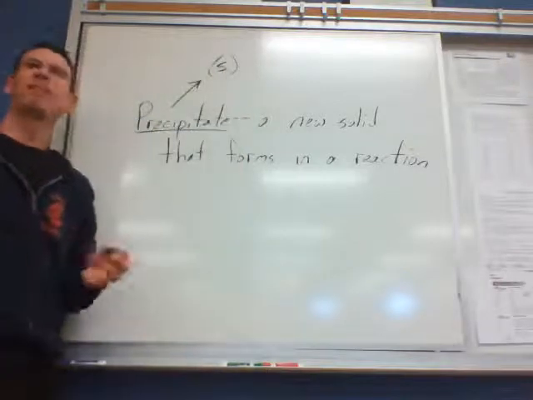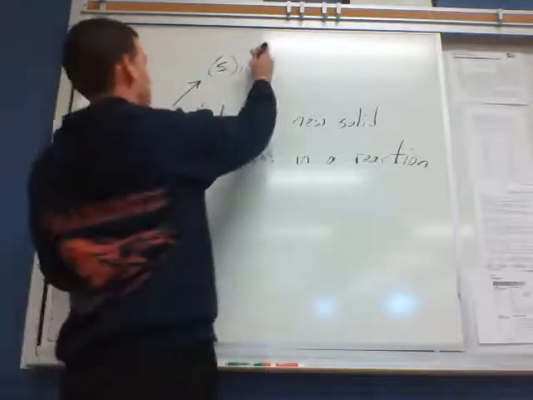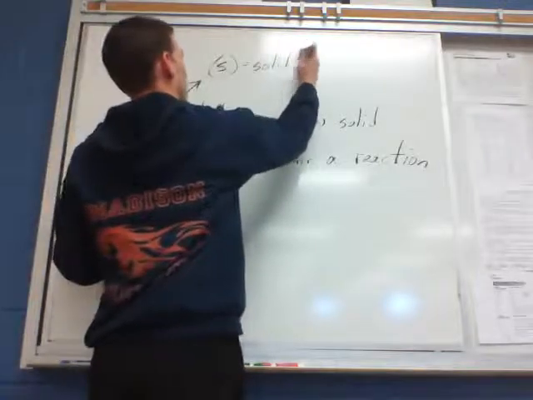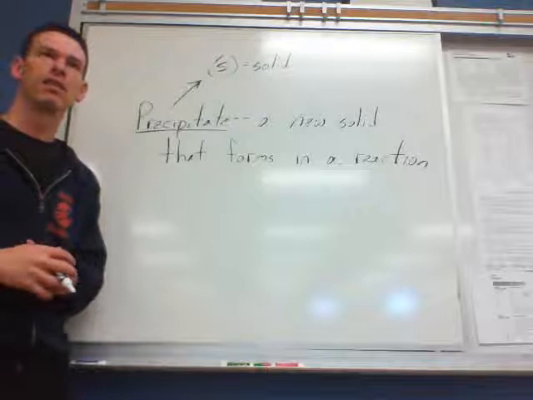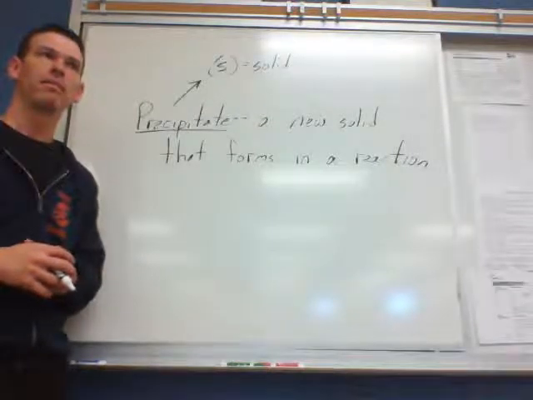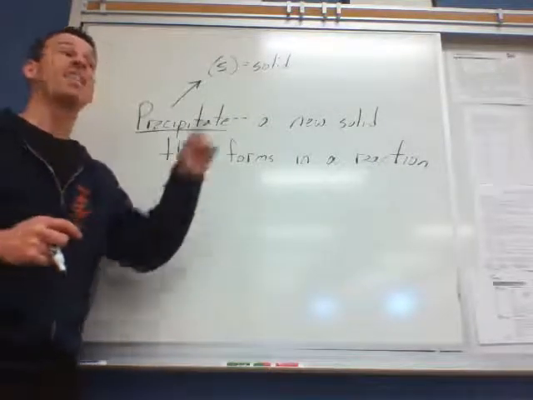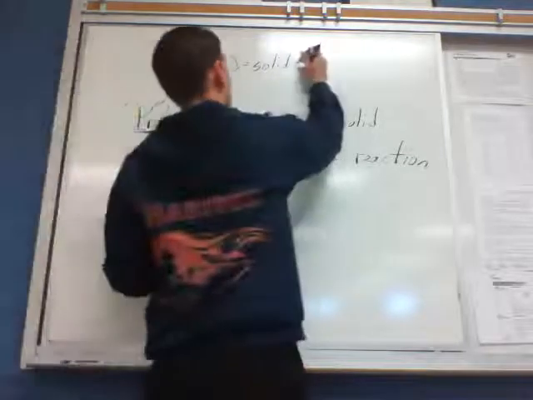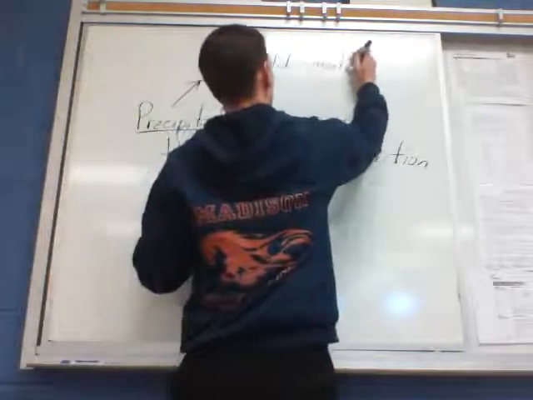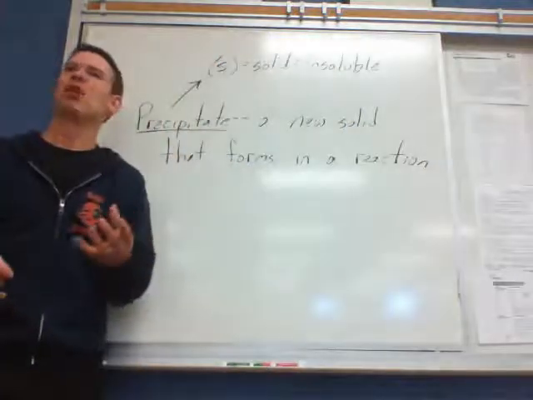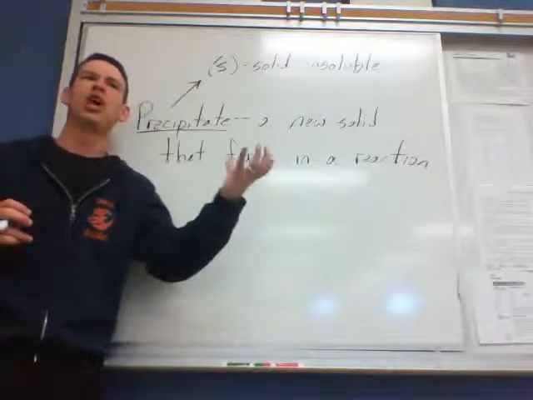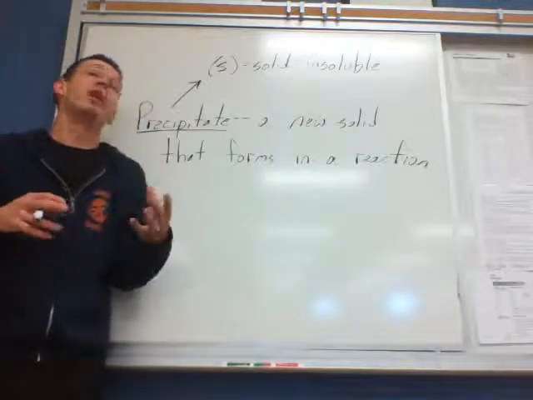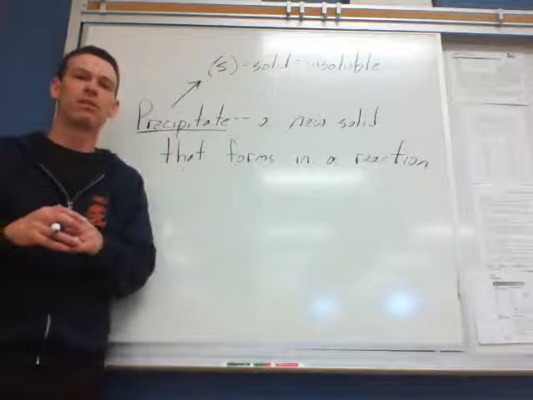It's an S in parentheses, and it simply means solid. All right, so it makes sense that it would be an S. But a fancier way to describe this solid is insoluble, unable to be dissolved. When the reaction's over, he's sitting there in a solid chunk, not a dissolved liquid appearance.